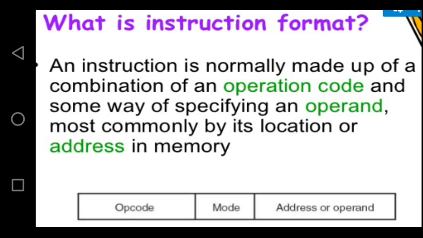If you want to increment by a value of 2 or 3, then 2 or 3 is the constant which you can directly mention within the instruction itself. Even in that case, that value is going to be stored in the register. It has to be. So the instruction is normally made up of a combination of an operation code and some way of specifying an operand, most commonly by its location or by address in the memory.